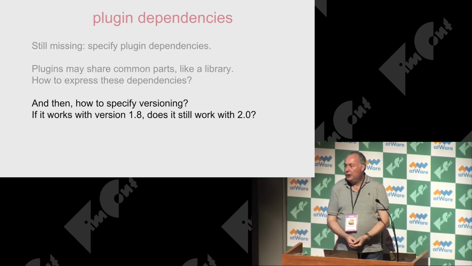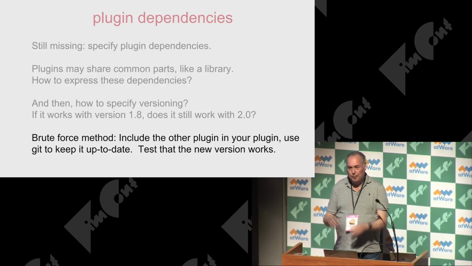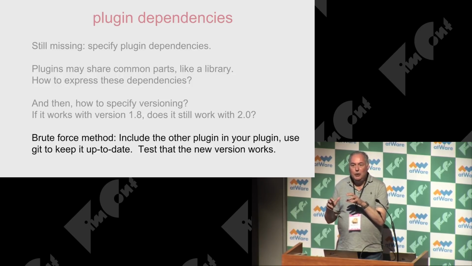Another problem is versioning. So over time, a plugin may develop, add features, rename things, and it becomes incompatible. So the brute force way of doing this is that one plugin, some high-level plugin that depends on other ones, would just include that one in the project.